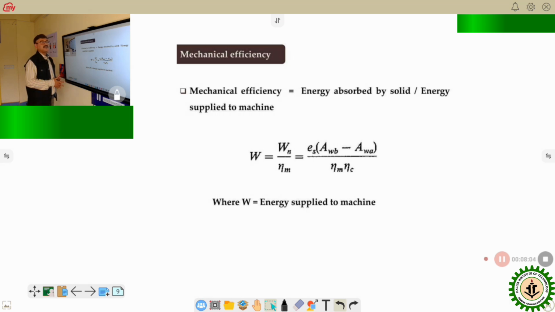Mechanical efficiency means the energy absorbed by the solid to the energy supplied to the machine: how much energy is supplied to the machine and how much is absorbed by the solid. That is correlated with the equation W is equal to Wn by nu m, where Wn we have seen earlier is Es into (Awb minus Awa), and nu m is the mechanical efficiency, where W is the energy supplied to the machine.